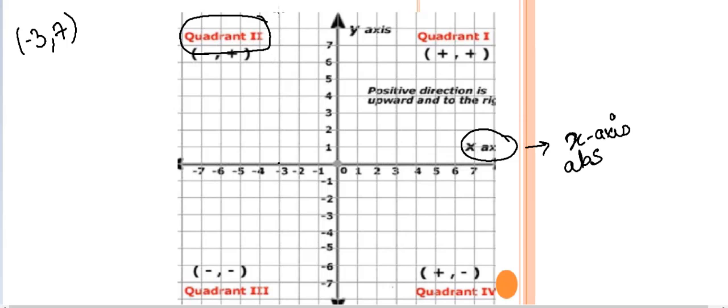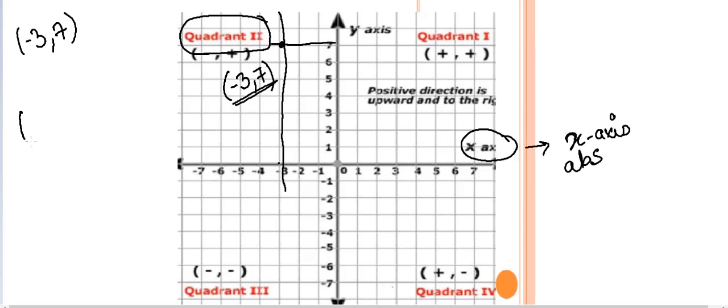Okay, I'll plot it as -3, right? Now I am having 7. 7 is here for the y-axis. The intersection of these 2 is known as (-3, 7). This is the location of this point, right?